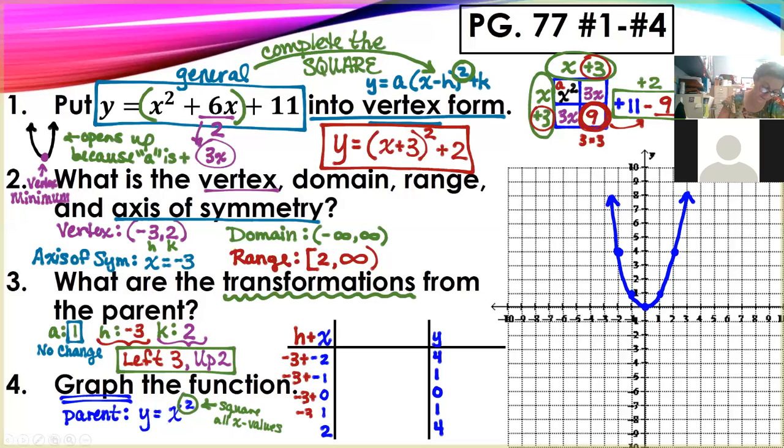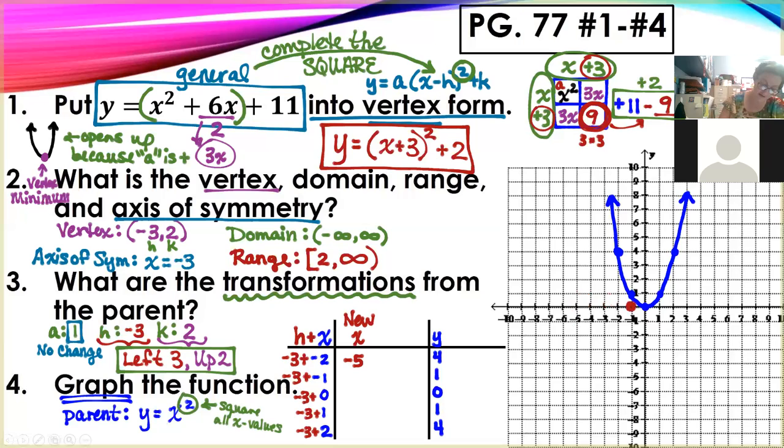If that seems confusing to you, you can also go and look at the graph. For my parent function, that first x value is -2, and if I go to the left 3: 1, 2, 3, that puts me over here at -5. So that new x would be -5. I can do the same thing for the next x value.